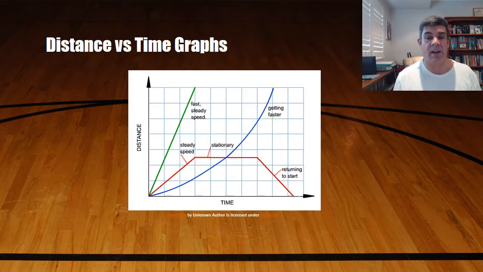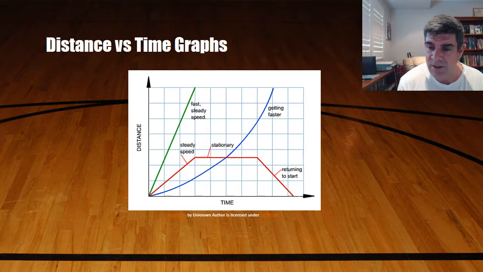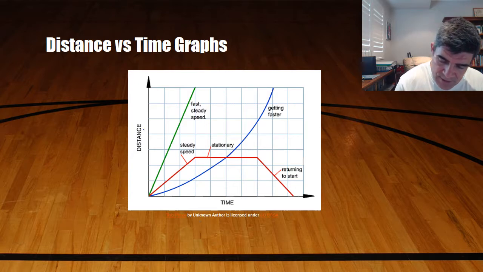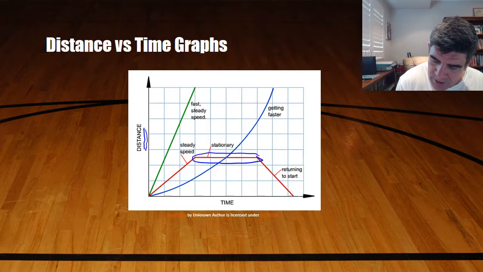So let's have a look then at two important differences between these, and hopefully we'll be able to identify exactly what's going on here. You can see a couple of distinct regions on this graph. Because this is a distance time graph, anything that is a horizontal region is going to be a stationary position, that is velocity or speed is equal to 0 meters per second.